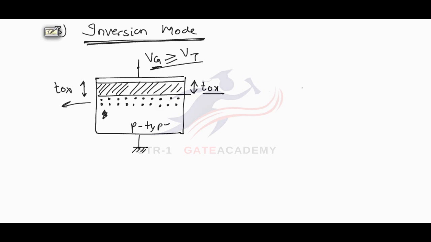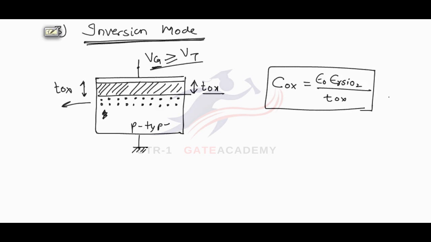So the capacitance will be equal to C oxide equal to epsilon naught into epsilon R of SiO2 divided by T oxide. This will be the total capacitance of MOS capacitor in inversion mode. This is the inversion layer of electrons. If it is n-type substrate, then the inversion layer will be due to holes.